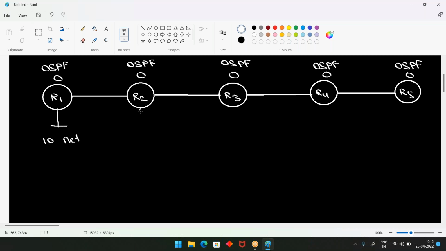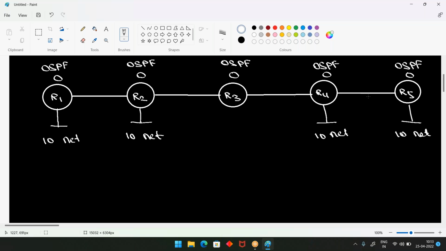Assume in R2 also we have 10 networks. Assume in R4 also we have 10 networks. Assume in R5 also we have 10 networks.